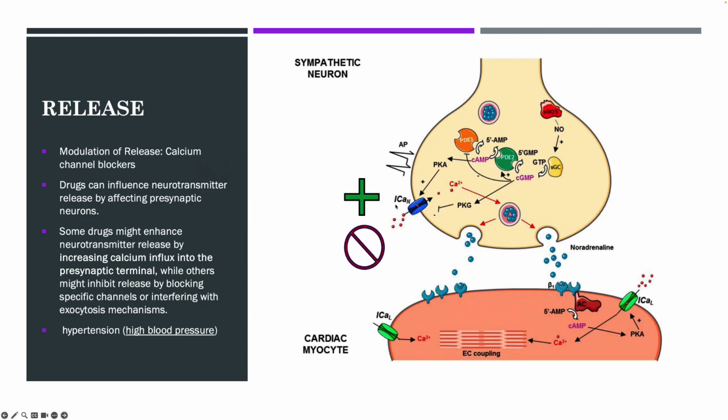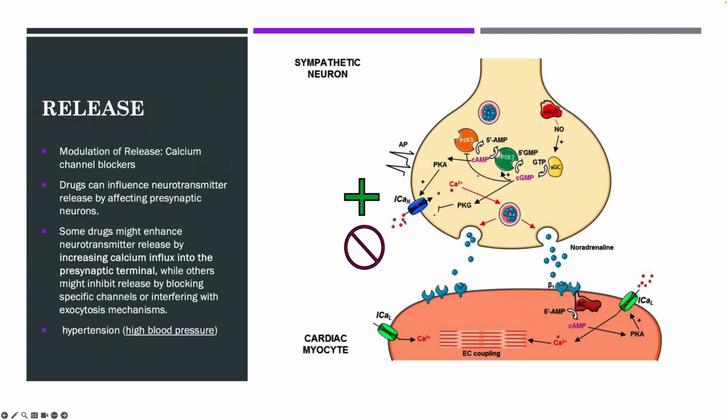So we can deliver certain drugs that will either accelerate it, so we can get more vesicle release and more neurotransmitters communicating with the heart cell, or we can also inhibit it, right? We can slow it down. If we have someone that has hyperactivity of the heart, well, maybe one of the things we do is we deliver this calcium ion channel blocker, and this will impact the release of acetylcholine, which will then impact how much of it binds to its receptor, and ultimately this will slow down contraction of the heart.